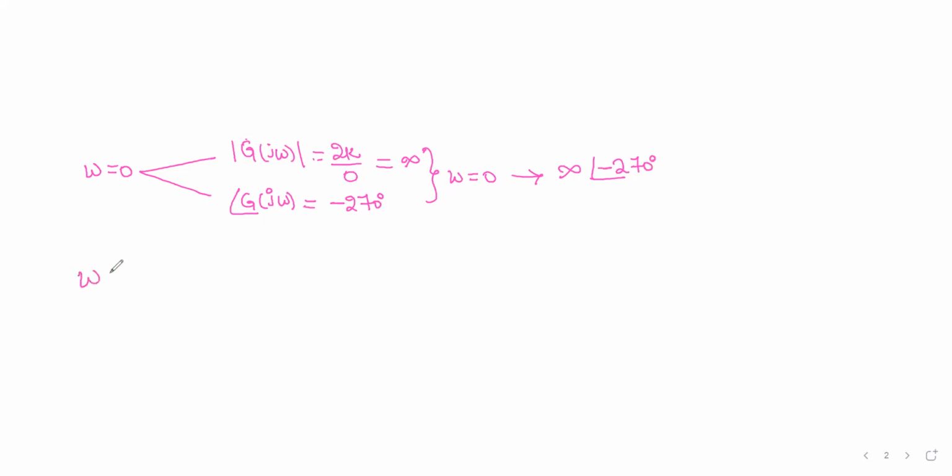Okay. Like that, find the phase angle and magnitude value at omega equal to infinite. So modulus G of j omega equals 2k by infinite, which gives 0. And angle G of j omega: substitute infinite in place of omega.